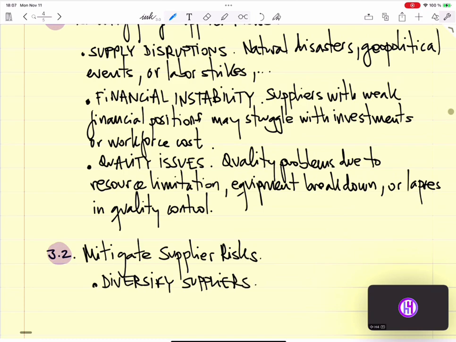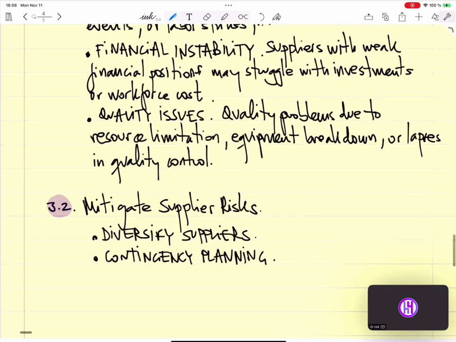Okay. Relying on a single supplier for critical components is risky, so diversify. You don't depend on one, or you want to do some contingency planning. So you want to have backup suppliers to maintain operations when your main supplier goes down, okay?